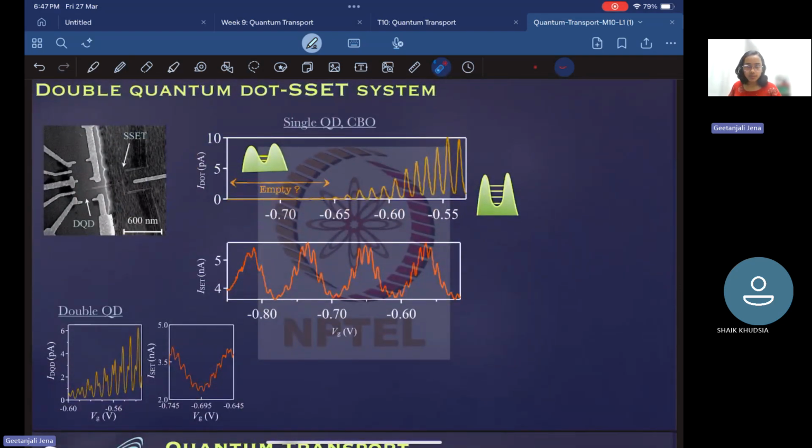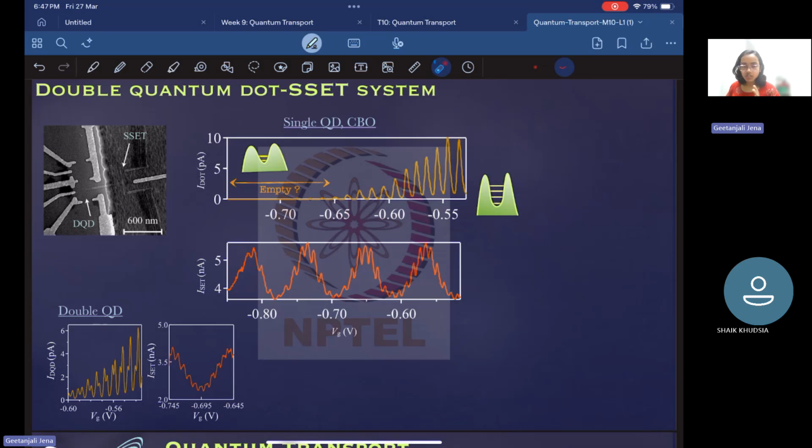For the double quantum dot based SET, there is a quantum dot here, there is also a quantum dot here, and this is the superconducting single electron transistor, the SSET.